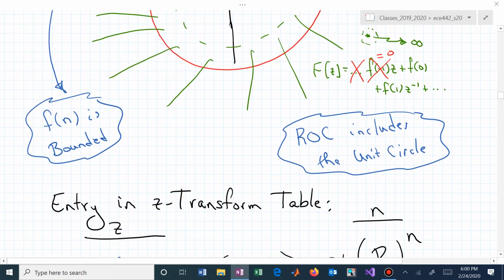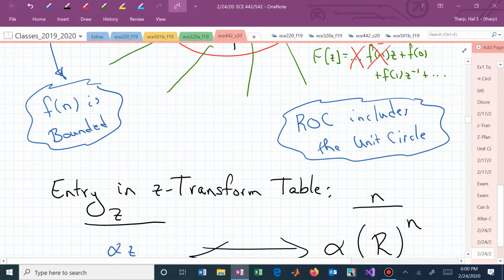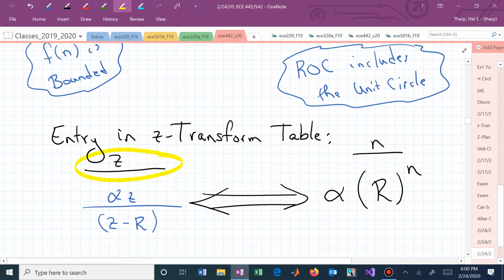Now, if you looked at your Z-transform table, now or on the exam, you might see this pair. Here's now the frequency domain column, and here is the time domain column.